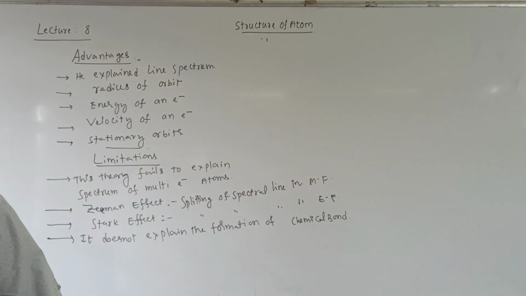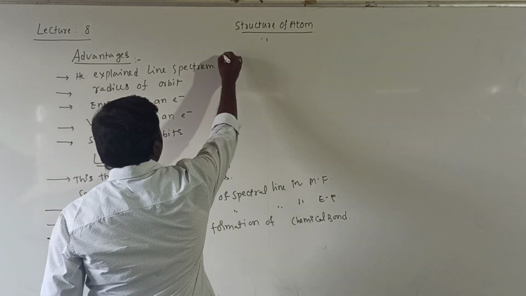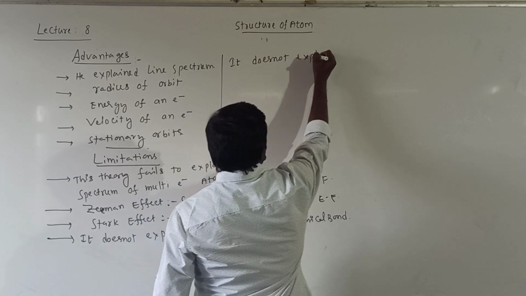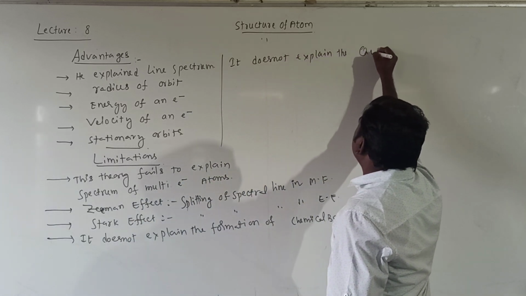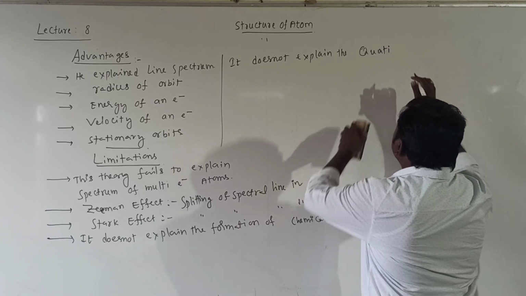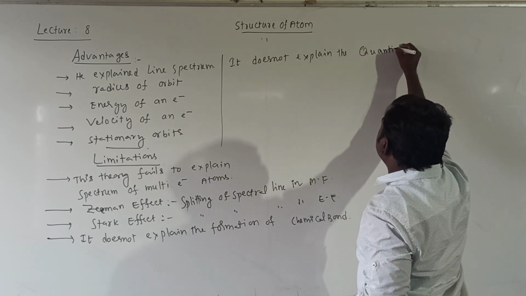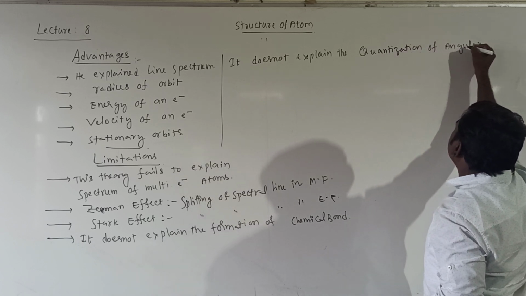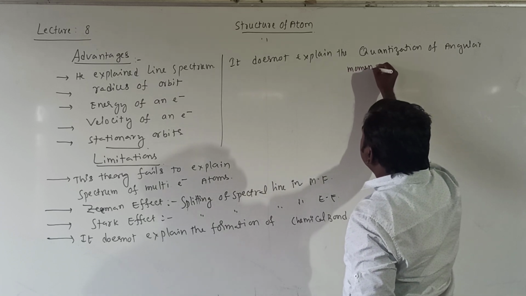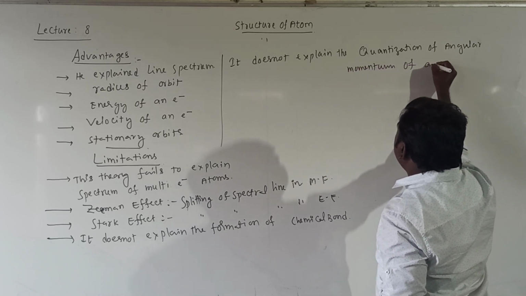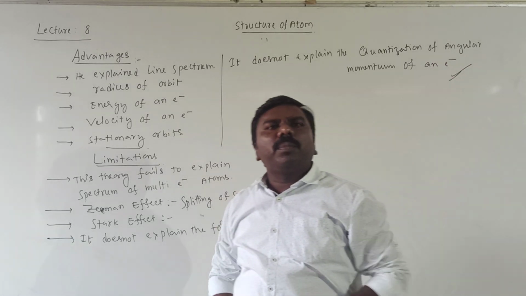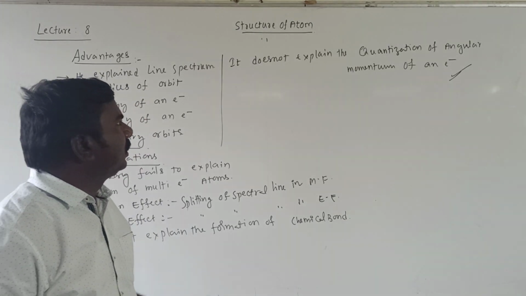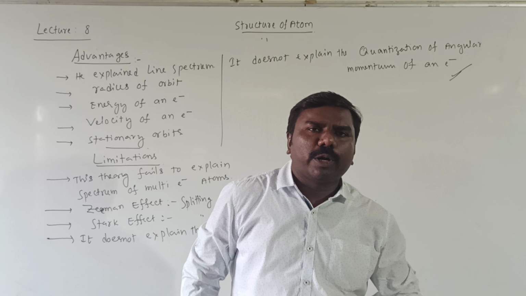Next, it does not explain the quantization of angular momentum of an electron. So these are the points which Bohr's atomic model didn't explain.